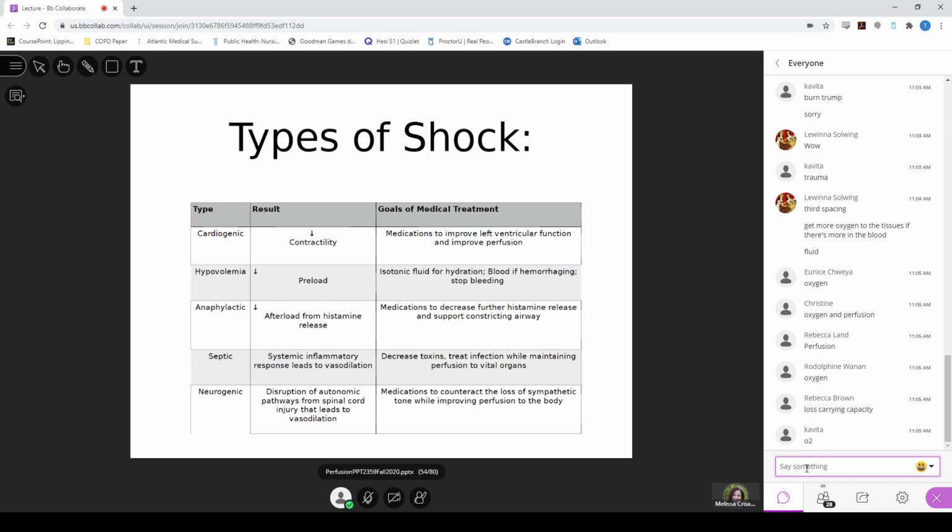Dysrhythmias, it's ineffective beating, right? So those can cause the body to not be able to keep up with the demand of the tissue because you're not actually getting the blood circulation around. These you're going to treat with oxygen also. And then any medication that's going to increase that cardiac output.